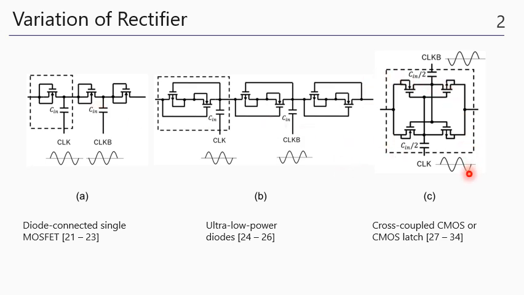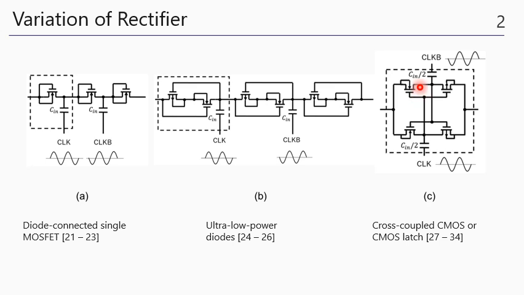The third is called the cross-coupled CMOS or CMOS latch, because NMOS and PMOS are connected in cross-couple like this.